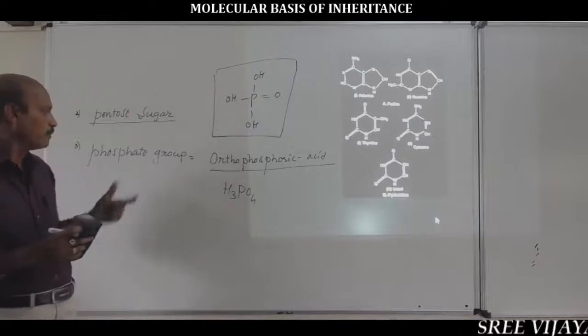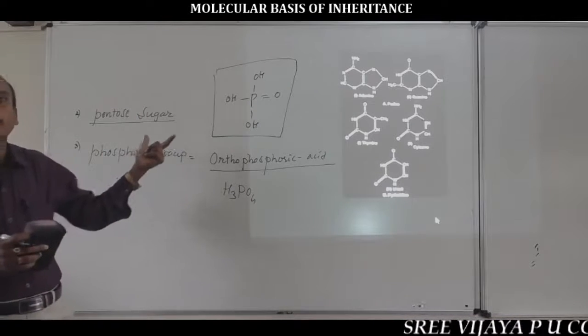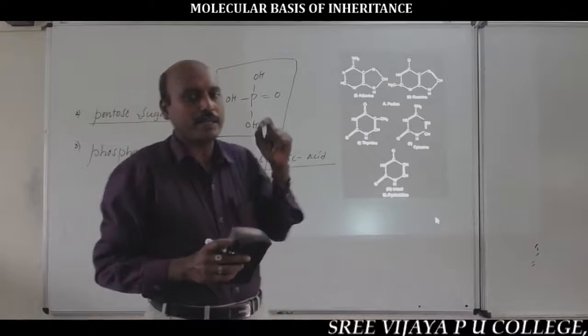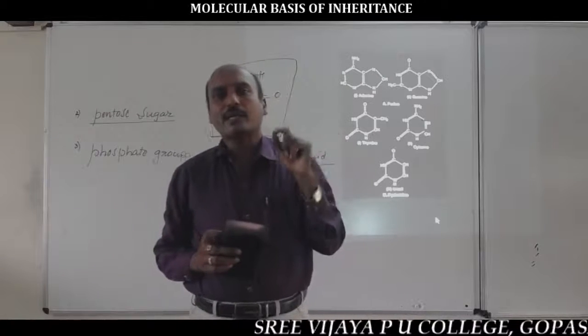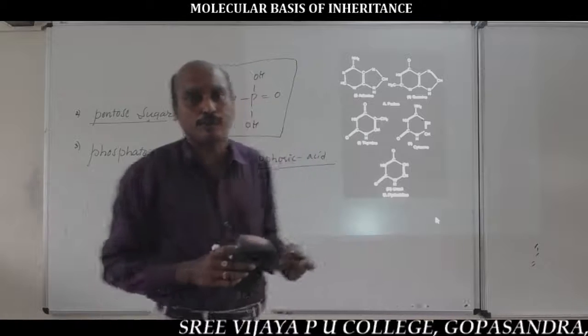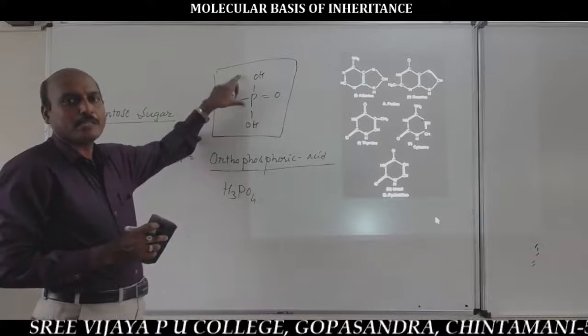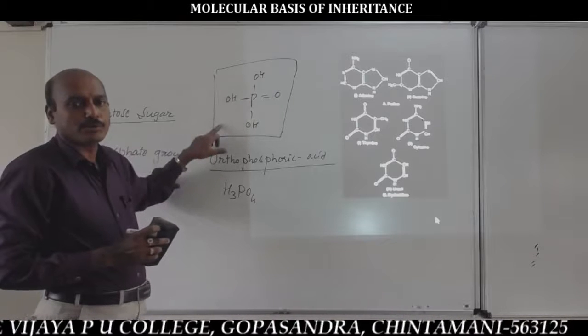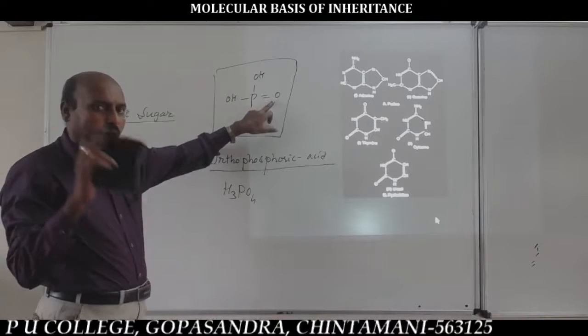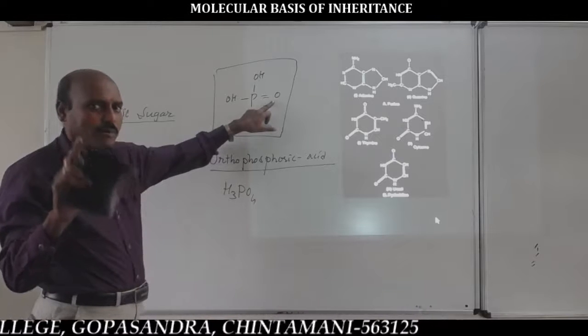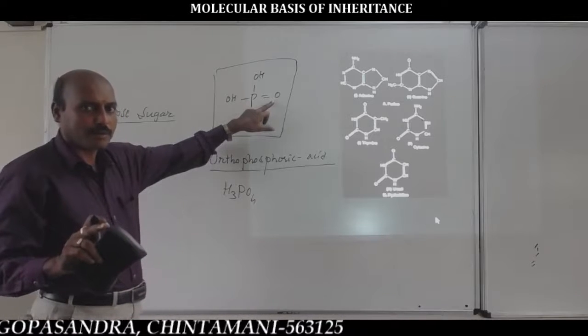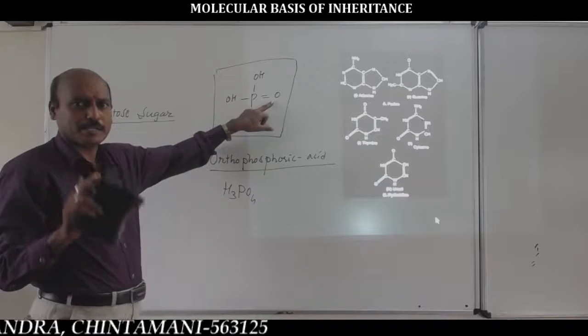So the phosphate group present in DNA is orthophosphoric acid. Its molecular formula is H3PO4 and its structural formula is the central phosphate bound to 3 hydroxyl groups and one oxygen atom through a double bond.